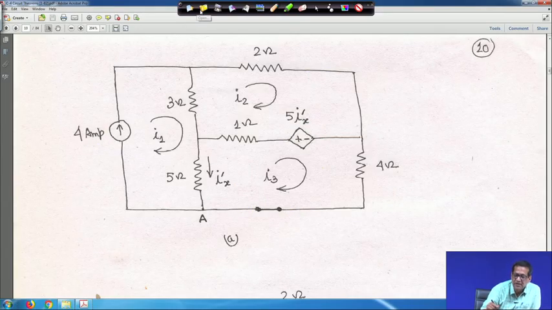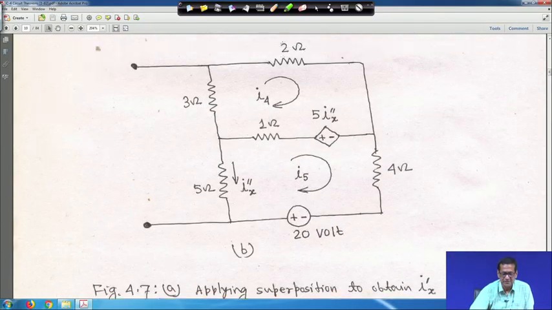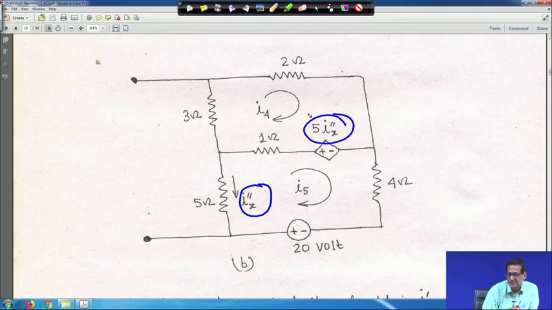Similarly, when the voltage source is there and the current source is not there, it is open, and at that time it is Ix double dash, and here also it is 5 into Ix double dash. So, you have to solve this circuit and that circuit for Ix dash and Ix double dash, then you add them up, and as a whole you solve the circuit, you will get the same answer.